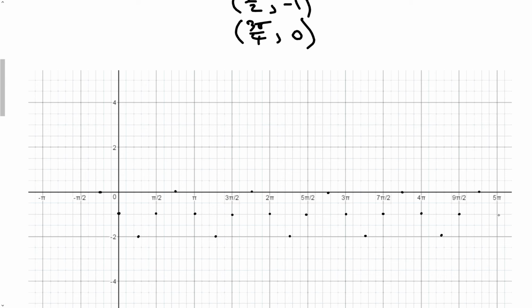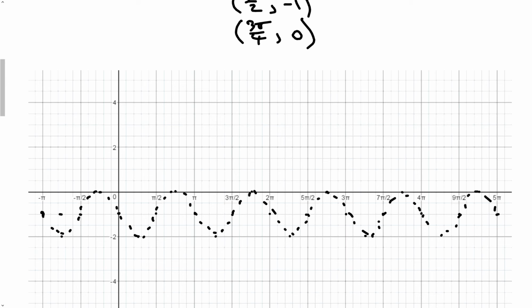Okay, and might as well be complete like this. Now remember what this means. This is my underlying function, not my answer.